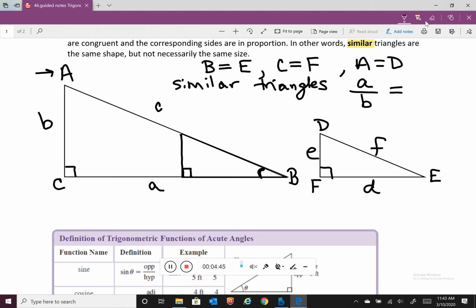So for triangle DEF, it has lower leg D, height E, and hypotenuse F. So from triangle ABC, if I compare side A to side B, that would be the same as comparing side D to which side? And that is side E.